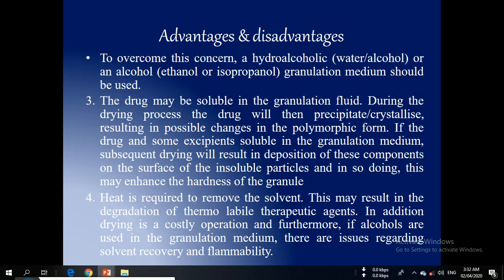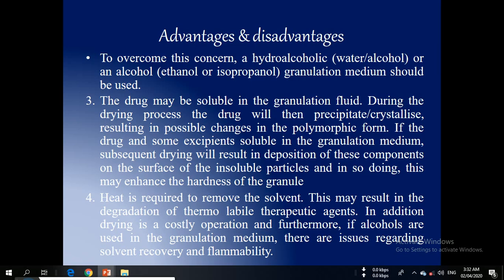So these also come under the category of disadvantages, and heat is required to remove the solvent. So heat is also a very important factor. This may result in degradation of thermolabile therapeutic agents. There are some agents which are heat sensitive, so they may degrade.